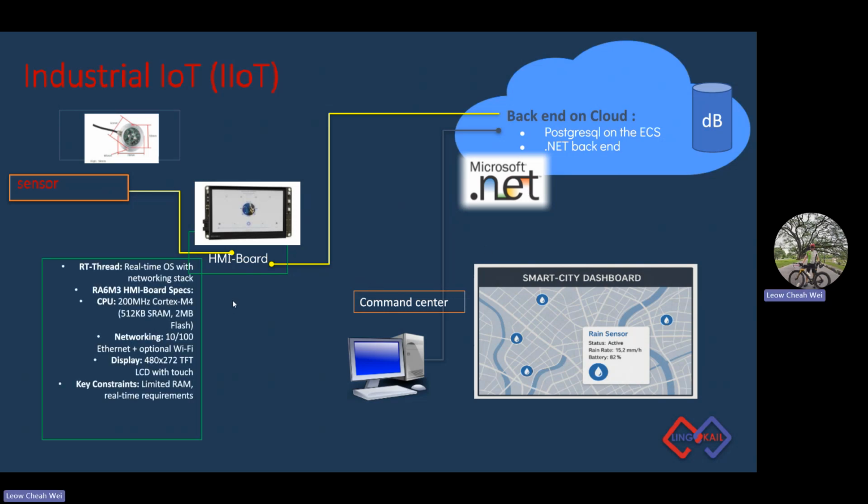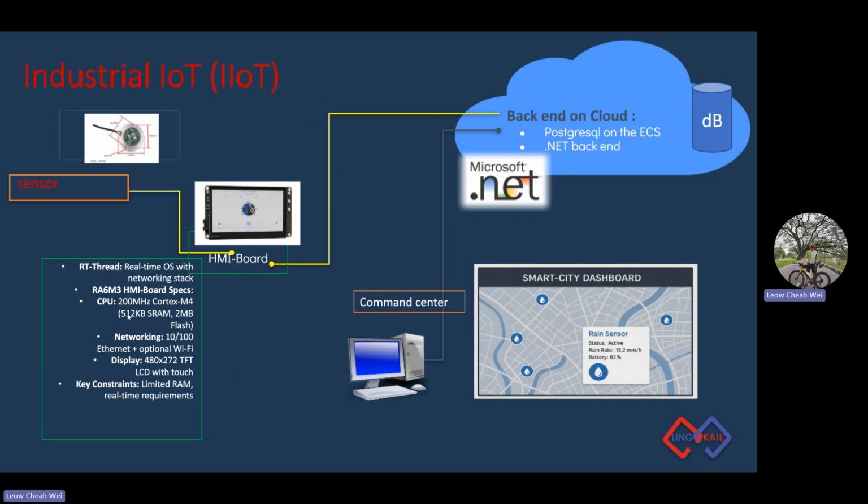In this case, the Artitrade HMI board contains the real-time OS that makes such a program feasible. It has a networking stack. It has Wi-Fi and Ethernet, although here I'm just using the Ethernet connected to the 4G router to send to the cloud.